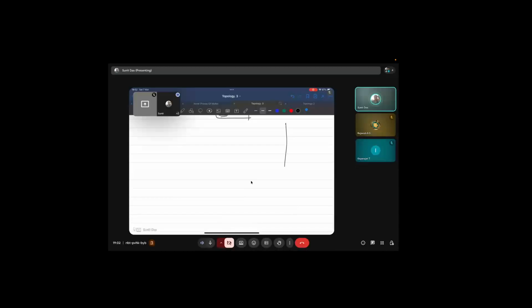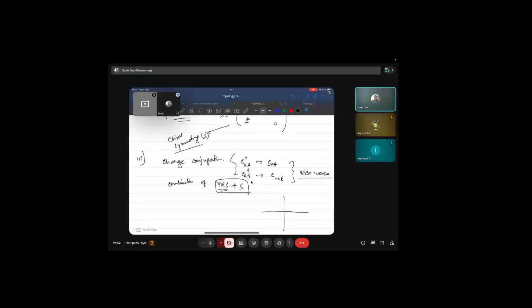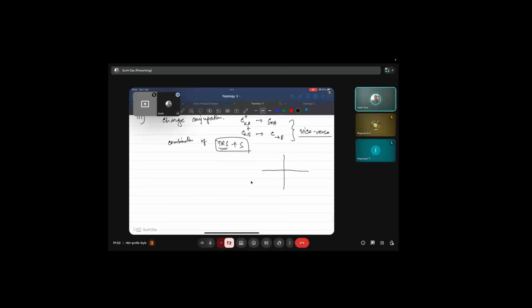You look at the band structure. This is an easy way to understand, but of course there is also a mathematically rigorous definition and a more general version of it. So you see energy versus k. If they are particle-hole symmetric, meaning suppose I have a band structure like this, and an exact copy of this is also there below in energy.